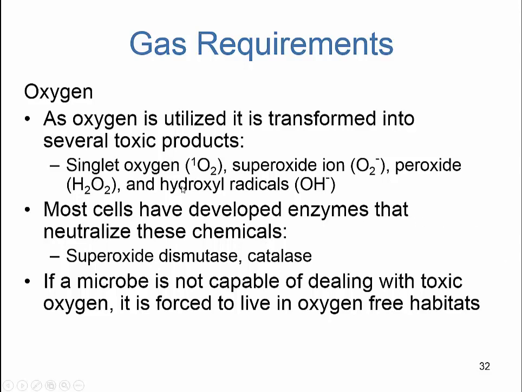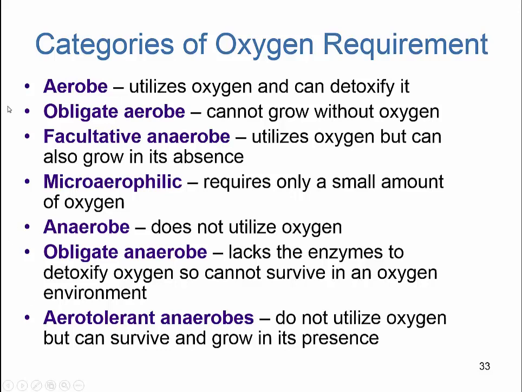The reason is oxygen, as it's utilized, actually breaks down into things like peroxide or hydrogen peroxide or various radicals or superoxide ions, which are responsible for things like premature aging. If a microbe cannot detoxify the toxic oxygen components, it's going to be forced to live in an oxygen-free environment, so an anaerobic environment. And so aerobes utilize oxygen and detoxify oxygen.